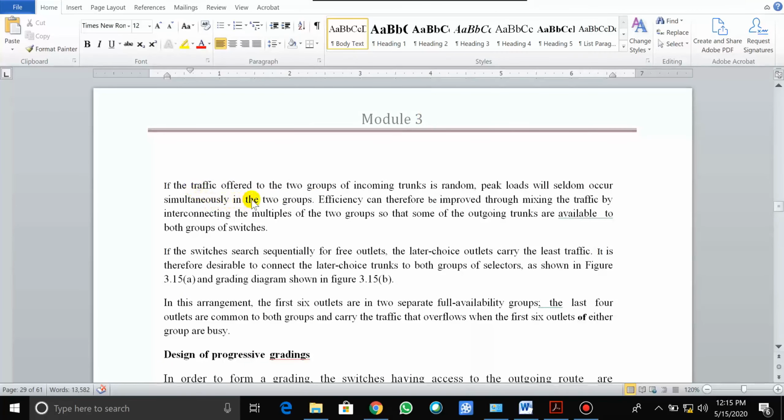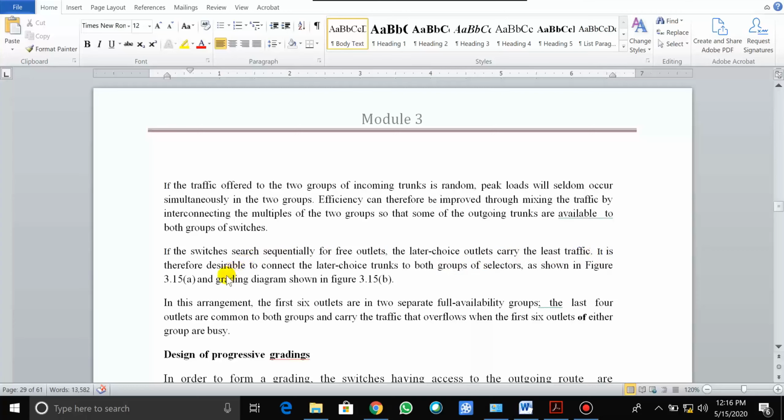If the traffic offered to the two groups of incoming trunks is random, a peak load will not occur simultaneously in both groups. Efficiency can therefore be improved by mixing the traffic through interconnection, or multiplying, of the two groups so that the outgoing trunks are available to both groups of switches. If the switches search sequentially for a free outlet, the later choice outlets carry the least traffic.